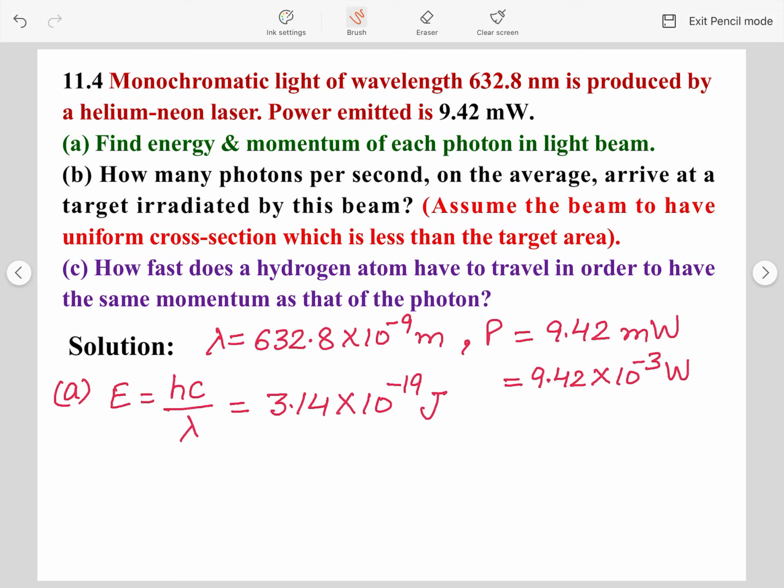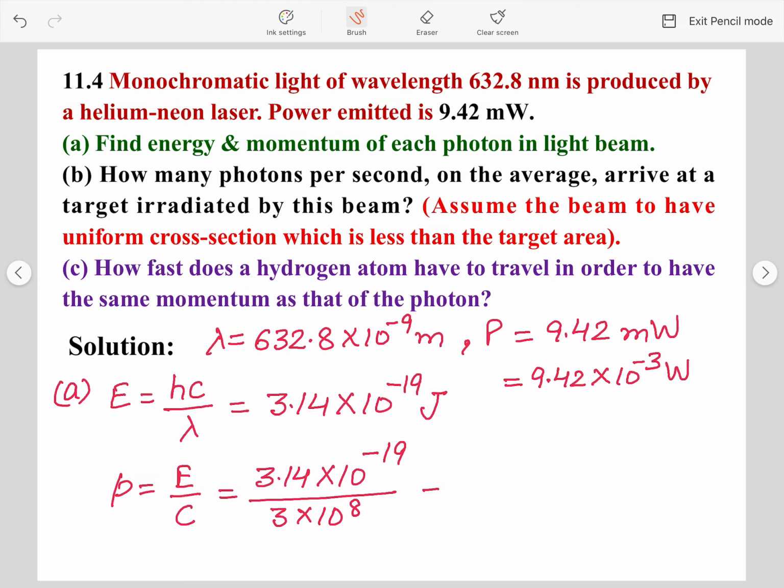Second, momentum. What is the formula of momentum? P is equal to E upon c. E is the energy and c is the speed of light. Put the values: 3.14 into 10 raised to power minus 19. This is the value of energy which we have calculated just now, divided by speed of light, that is 3 into 10 raised to power 8.